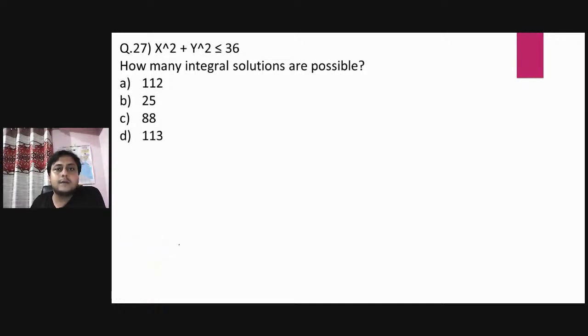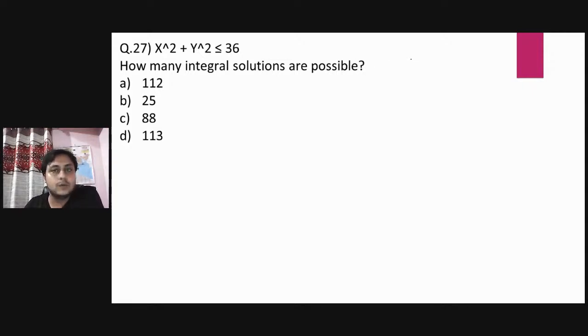And guys, before this video you must watch video 3 of these threes, because video 3 and video 4 are related to each other. Got it? So the question is x square plus y square less than or equal to 36.